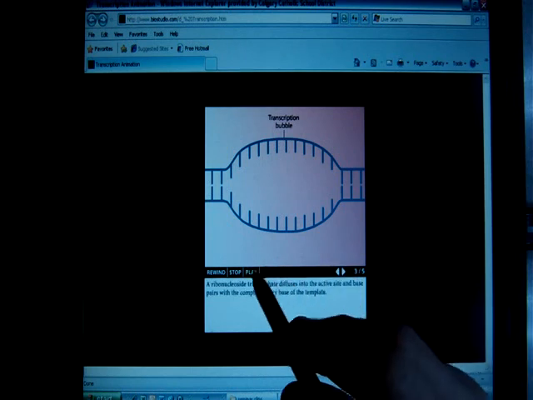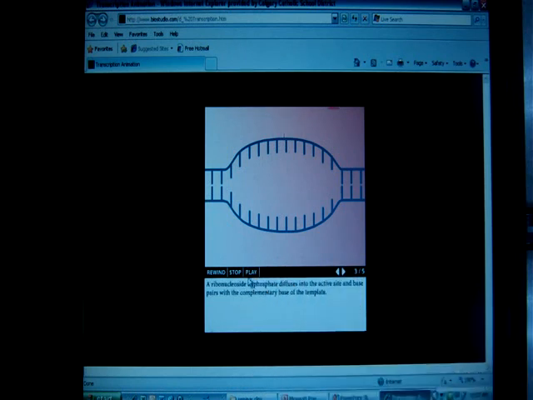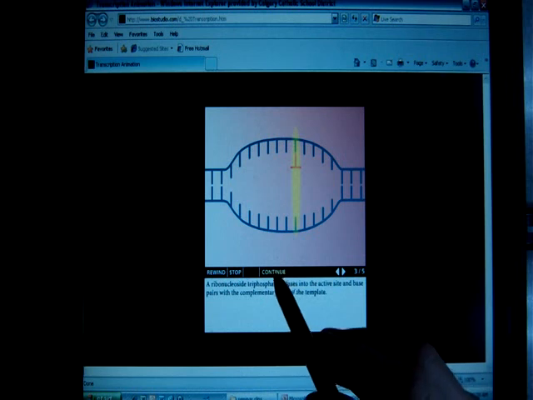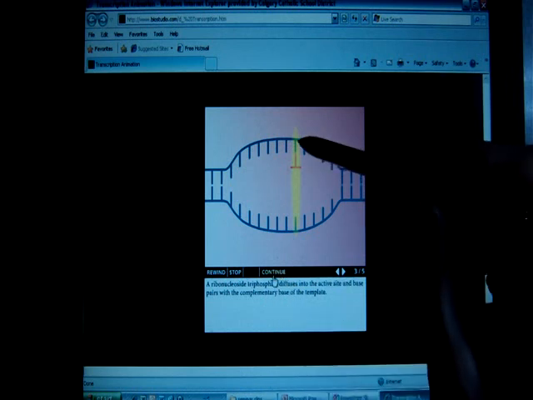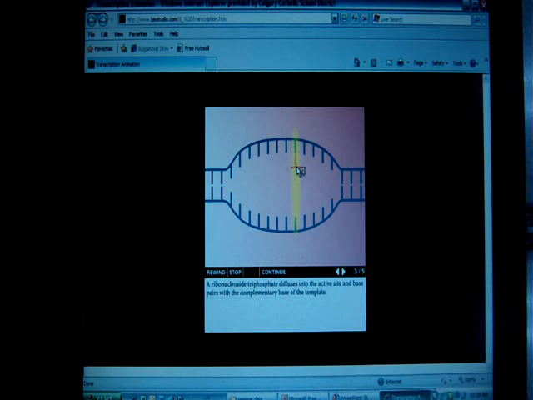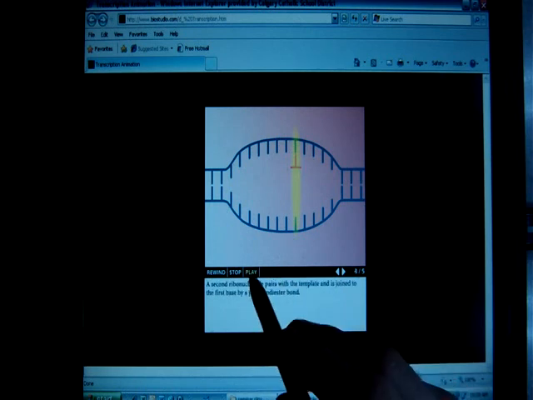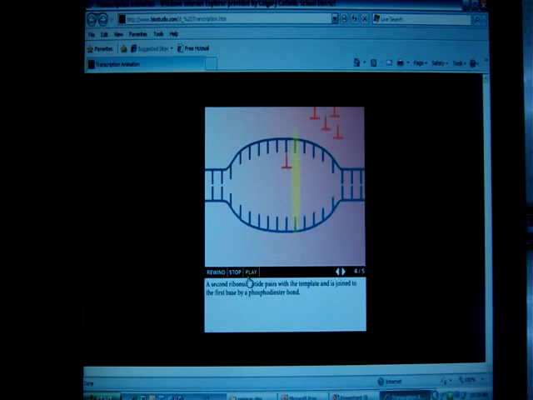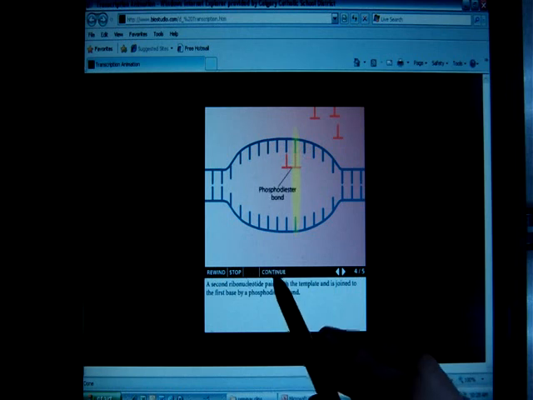And what it's going to do is start adding complementary RNA nucleotides to one of the DNA strands. It's going to make a complementary strand. So there's the first one. And if this was a G on the DNA, then this would be a C on the RNA, of course. And it's just going to move down the DNA, and as it does, it's going to continue to add complementary RNA nucleotides.